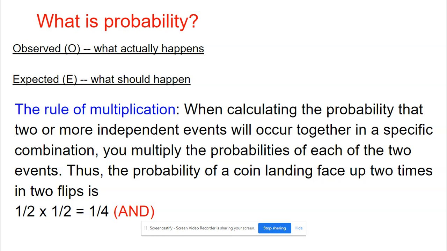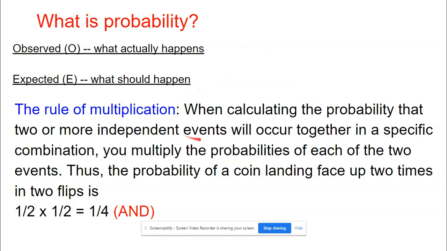What we expect to happen and what actually does happen can differ. Just like Mendel, if he was expecting a 50-50 ratio, he didn't necessarily get 500 plants that were tall and 500 that were short. Maybe he had 400 that were short and 600 that were tall. But you always look for commonalities in those ratios.